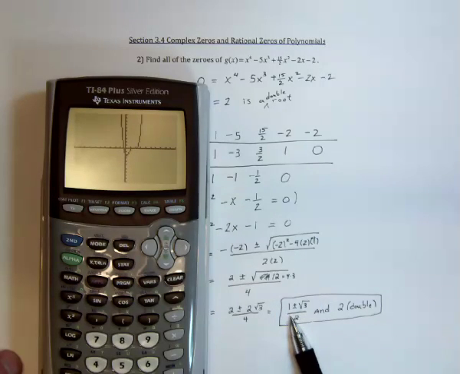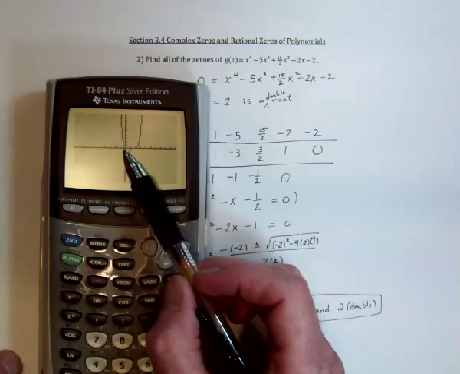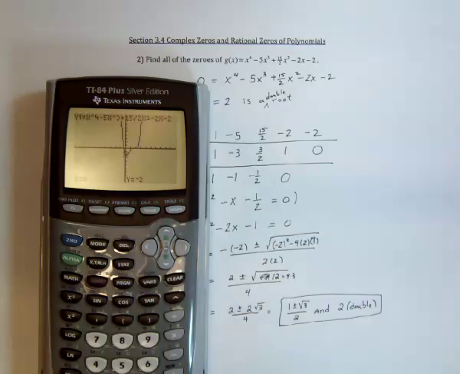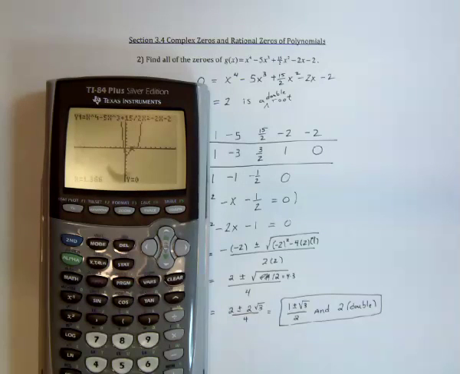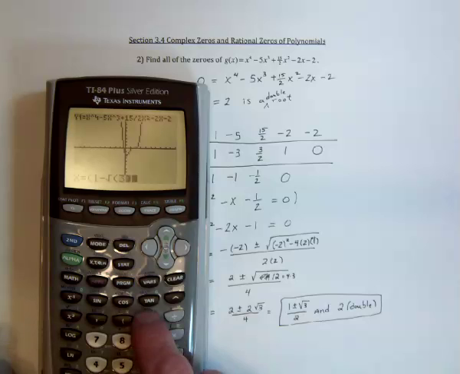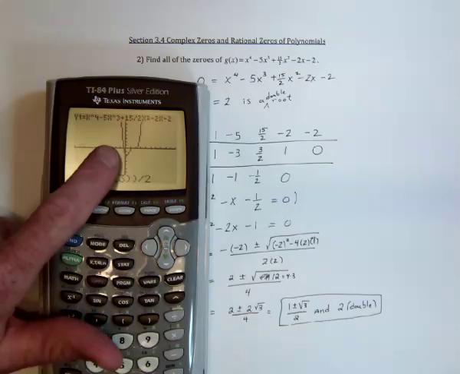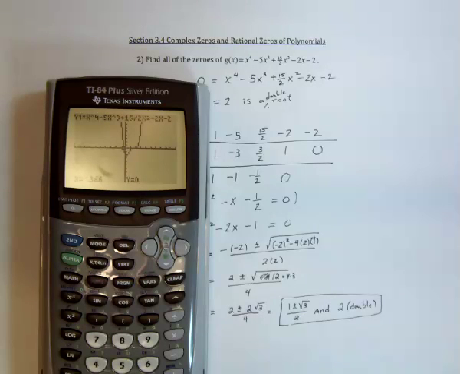Now we can type in these, and it should be somewhere right there where it's crossing and right over here. So trace, put in parentheses, 1 plus the square root of 3 divided by 2, and that should be where it's crossing right over here. Alright. And then check the other one, which is 1 minus the square root of 3 divided by 2, and that should be that x-intercept right there. Perfect. We got all of them.